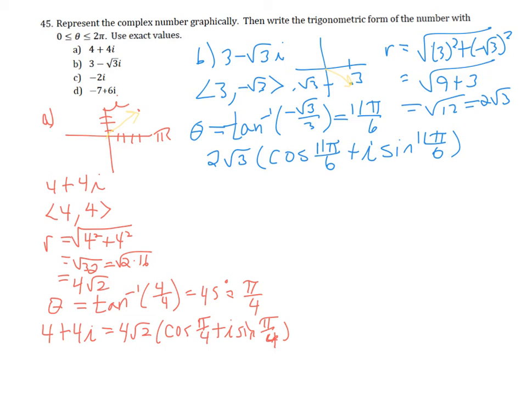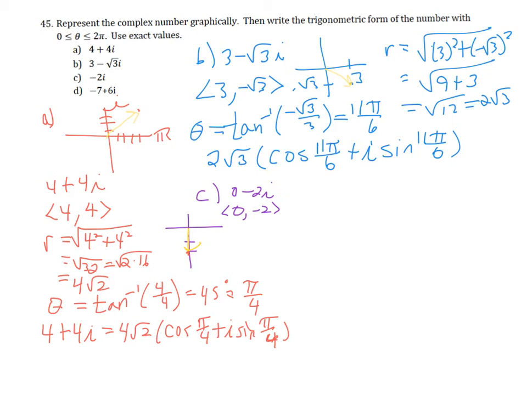Now C is a nice one. It's just negative 2i, so you can think of it as 0 minus 2i, or components 0, negative 2. So when you graph it, it's just basically down here. At that point right there.